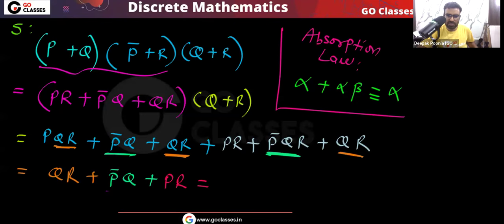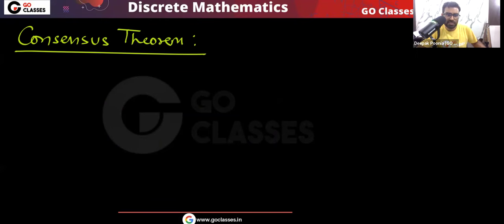Let me tell you what the consensus theorem is. This you will study in digital logic also, in Boolean algebra. This theorem is like a happy and sad property, just to remember.